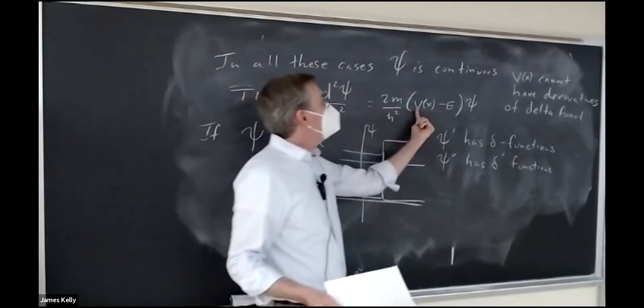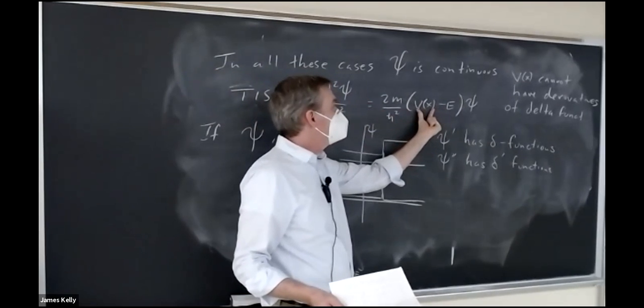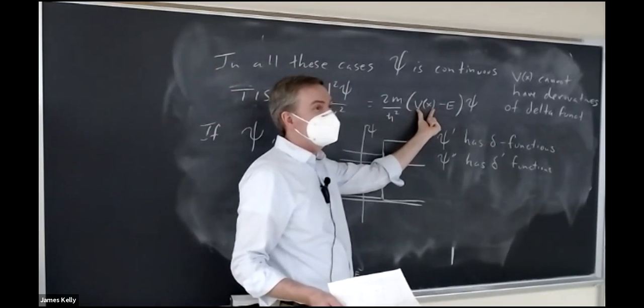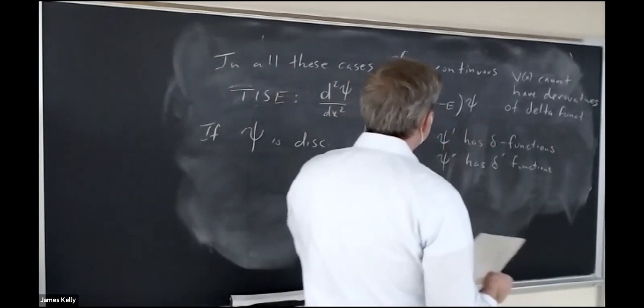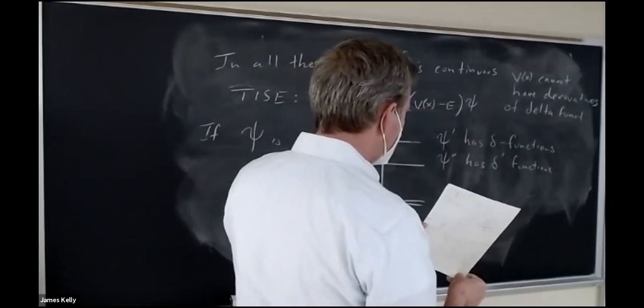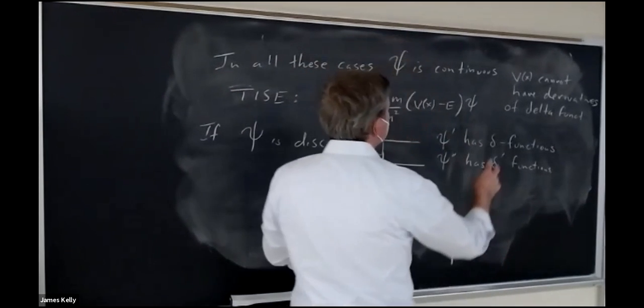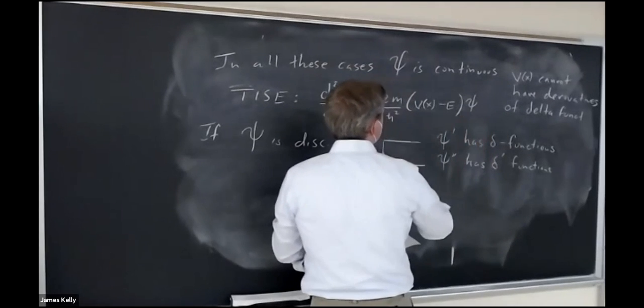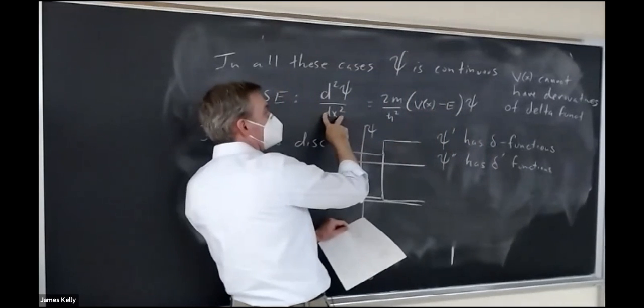Now we assumed that, at least for the cases we're going to consider, this is not going to have any derivatives of delta functions. And therefore, since psi just has a discontinuity there, v of x would have to have a derivative of a delta function if this side is a derivative of a delta function.